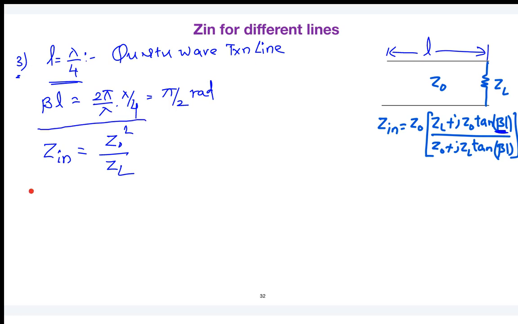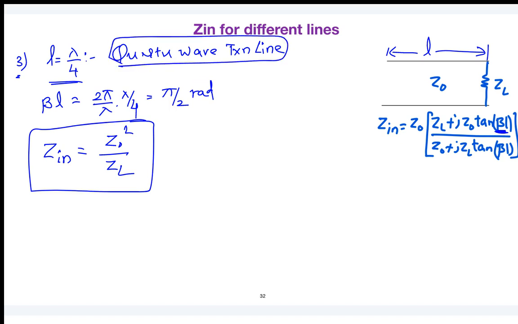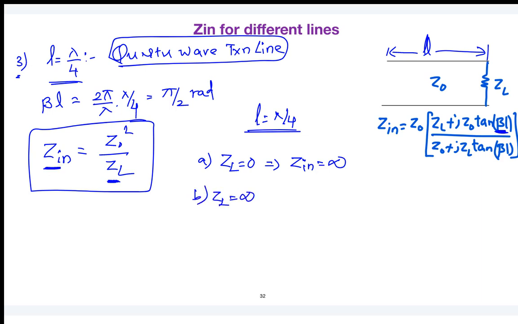There is one more important special property for this quarter wave transmission line. Suppose the length of the transmission line is lambda by 4 and my load impedance is equal to 0. If the load impedance is 0, it will reflect the input impedance to be infinity. You can use this formula. If ZL is 0, your Zin is going to become infinite. Suppose you connect an open circuit load, the input impedance reflected will be 0.